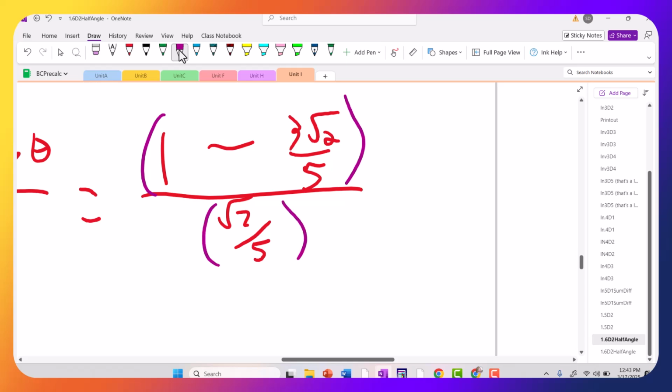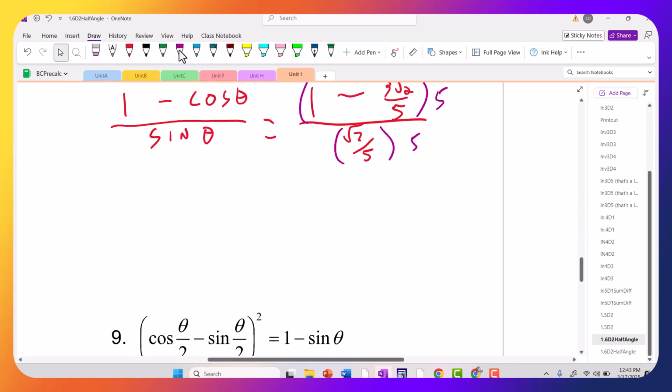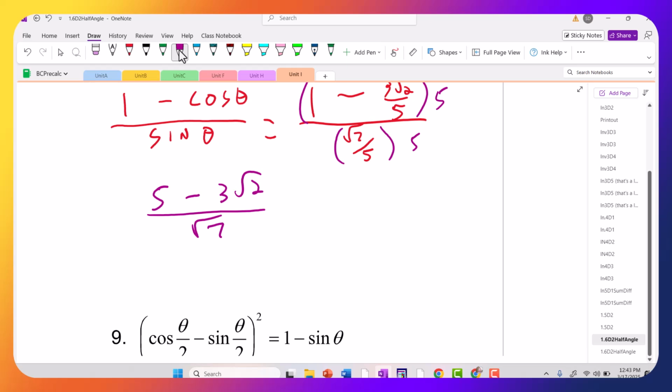So this becomes 5 minus 3 root 2 over root 7. And then, let's go green with some black in there. That little fancy marker. I guess that's more blue, like turquoise. And then the next thing would be multiplied. Wrong. I looked at the numerator for some reason.